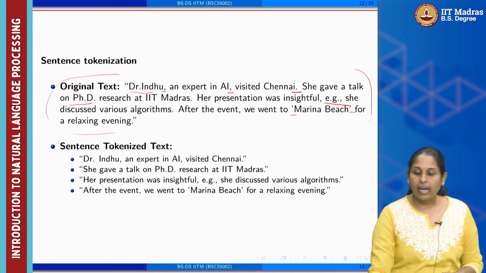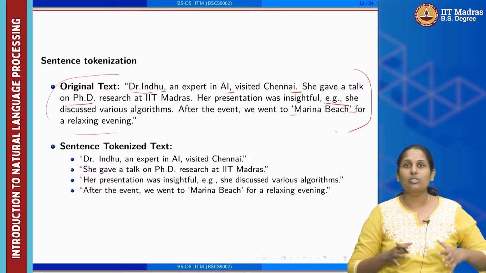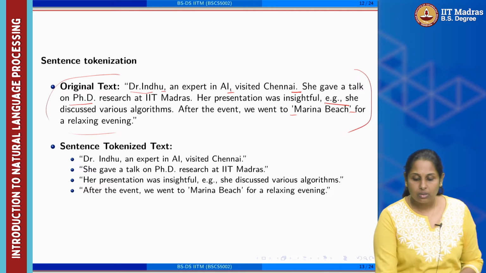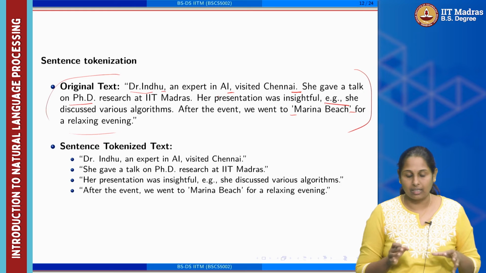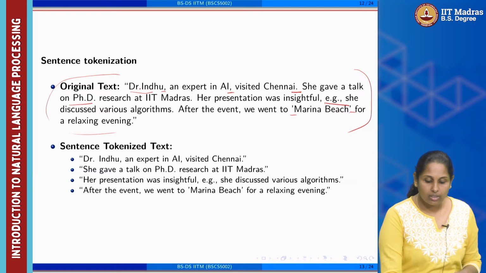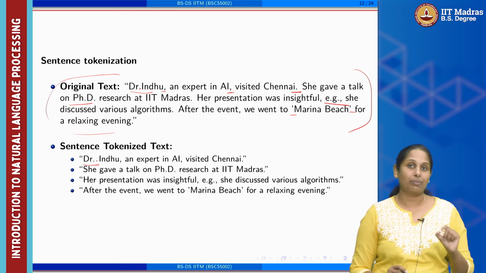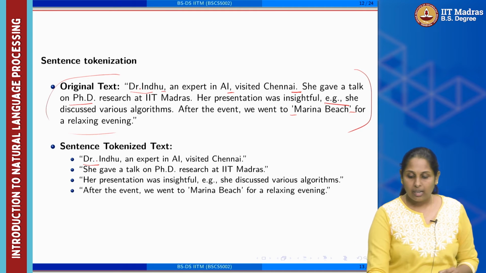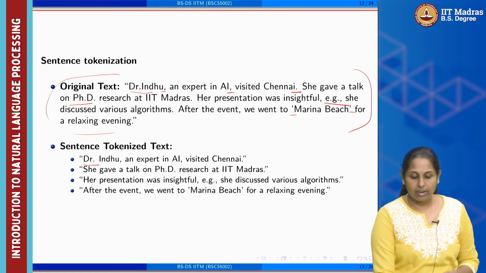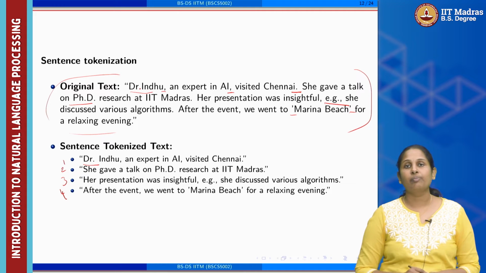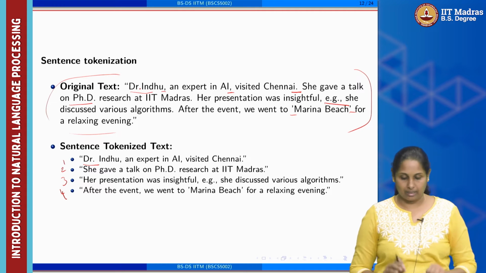If we convert this text into sentence-tokenized text, we want to make sure that the commas are part of the sentences, and the Dr. with a dot is part of the sentence but is not a sentence boundary. Doing this kind of analysis makes sure that this text is converted into 4 sentences.